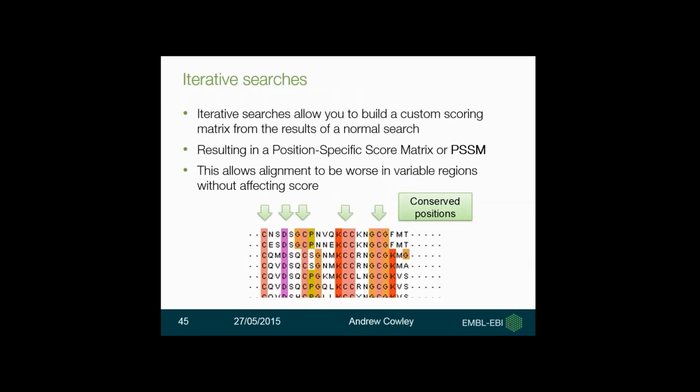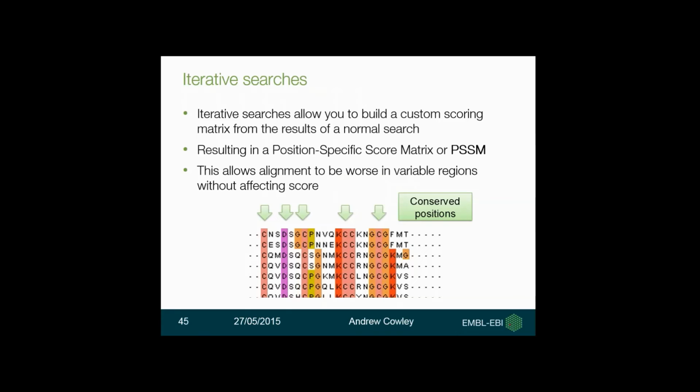What iterative searches allow you to do is to build a custom scoring matrix from the results of a normal search. This results in a position-specific score matrix, or PSSM. This allows the alignment to be worse in variable regions without affecting the score, whilst also saying that in conserved regions, conserved positions, I'm going to be a bit more rigid about my scoring.